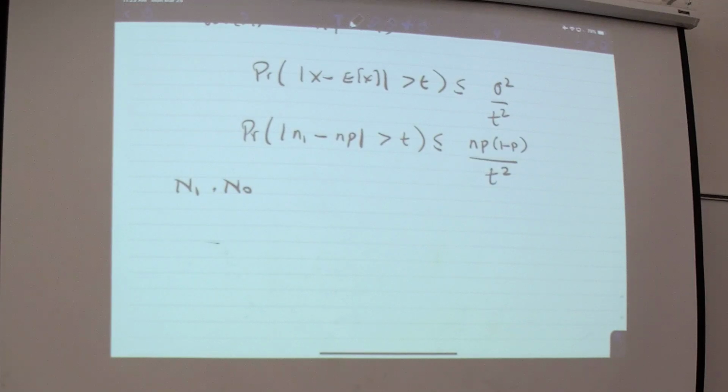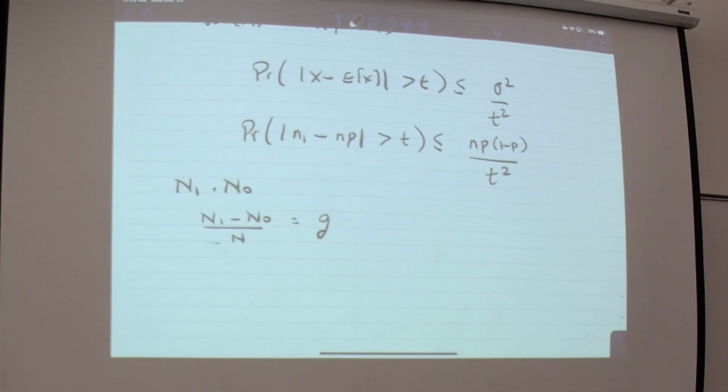And of course, there's some gap between. So let's say that n1 minus n0 is equal to some gap g. And you can think of this as a fractional gap between the two in the population. Let's say for now that n1 is the winning side, n1 is bigger and n0 is smaller, for argument's sake.